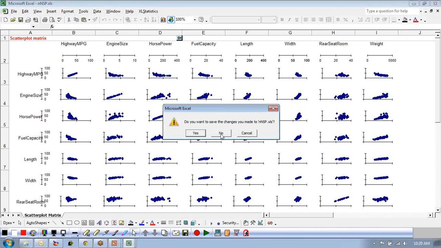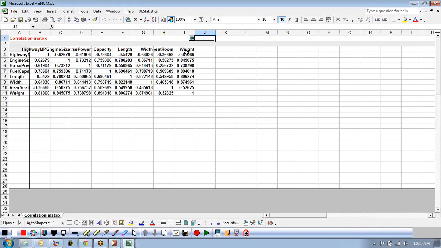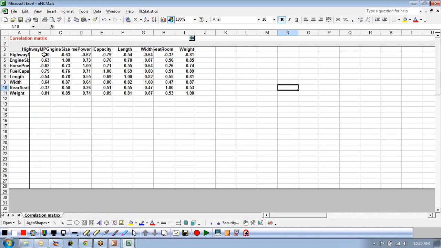Now, I'm going to get rid of this for a moment, but you know that I'm not a big correlation guy. But we can look at the correlation matrix here, and I'm going to get rid of some of those decimal points. I'm not sure why they always give such huge numbers, but let's give 2. And if I look at this, I can scan through and find some fairly big correlations.